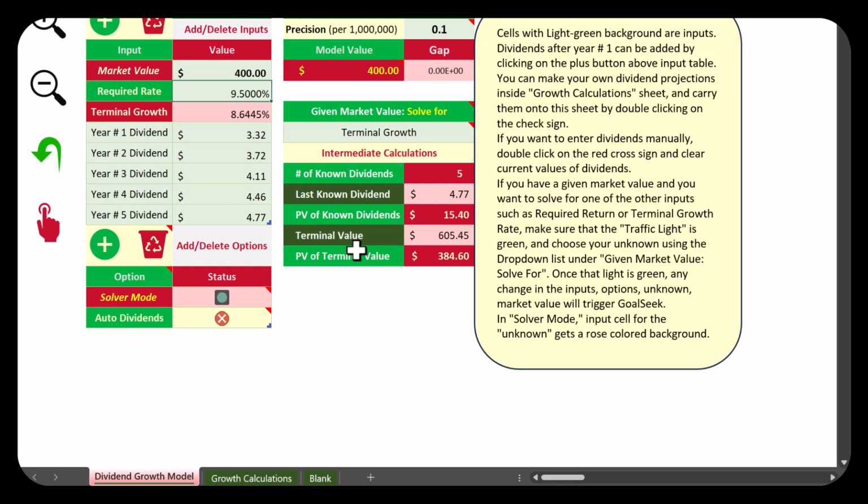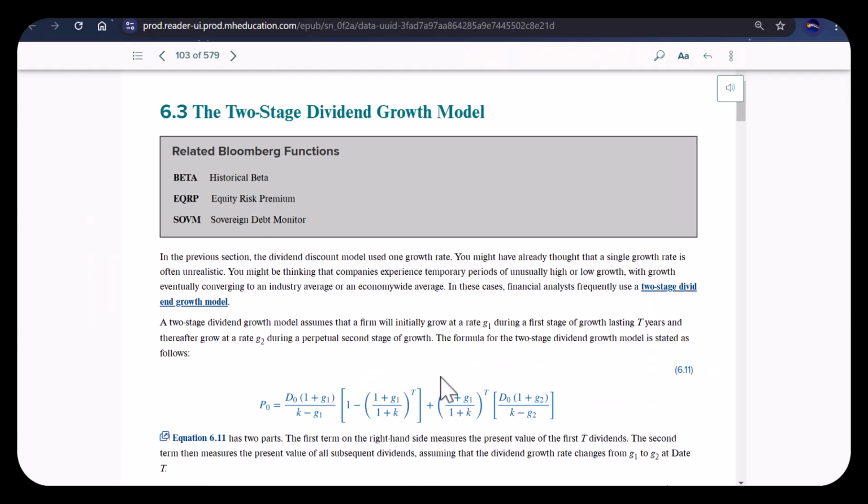Remember, terminal growth rate is until infinity. That is way above the average growth rate of the economy. So if you believe 8.64 is just too much, the company is overvalued. Otherwise, it's undervalued.